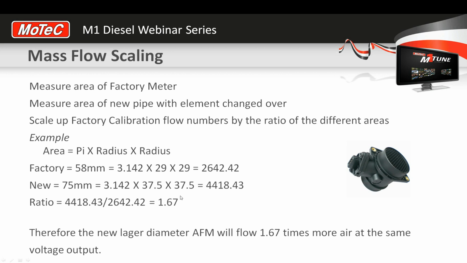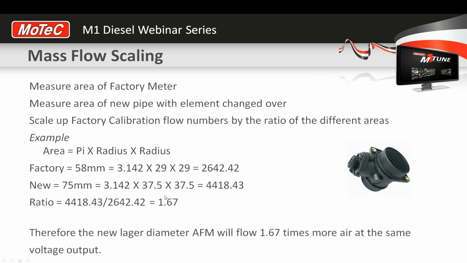In this case, it's going to flow 1.67 times more air, or nearly 70% more air. So possibly 80% more air than factory, depending on too many things to go into.